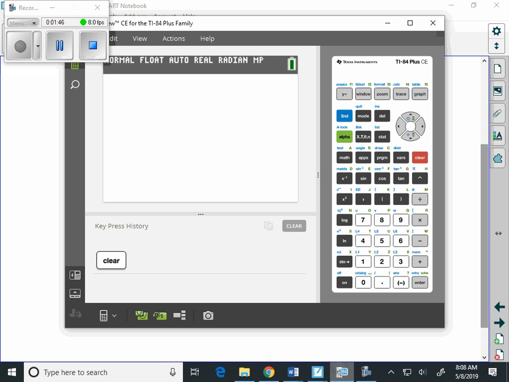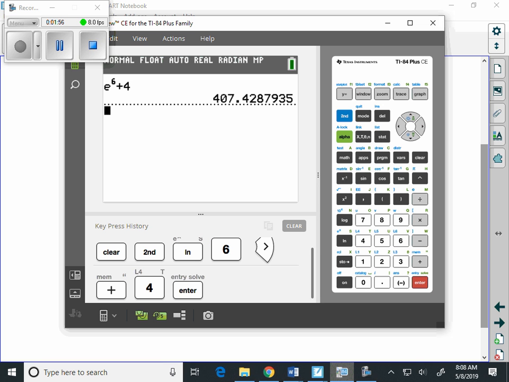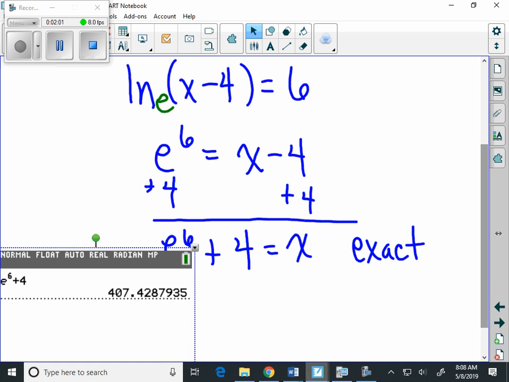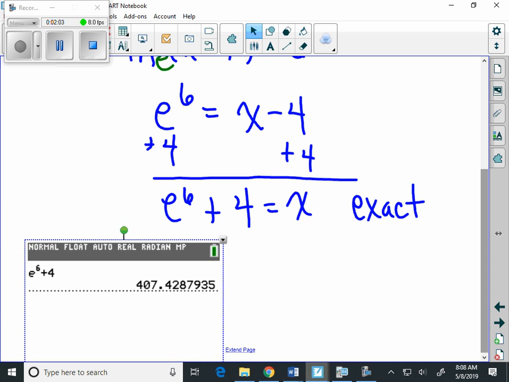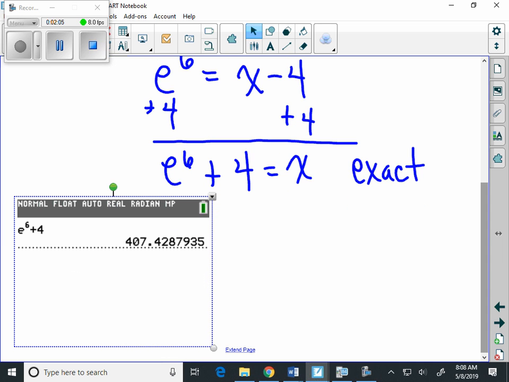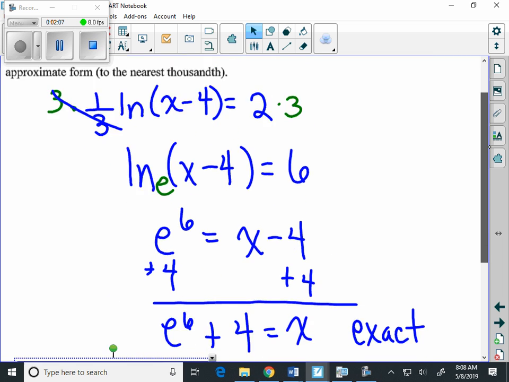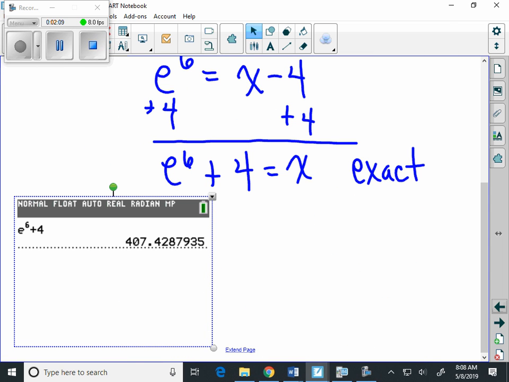E to the 6, so it's going to be second ln, which gets us e to the 6, and then we're going to add 4 to that. Here comes our decimal. So for our approximate form, we round to the nearest thousandth, which is 3 decimal spaces.